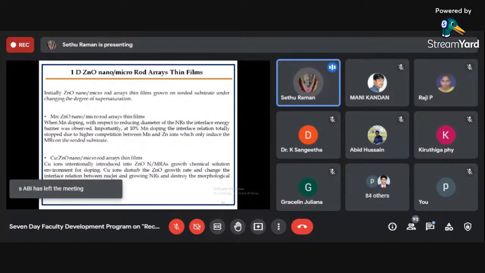In ZnO, the nano-microrod arrays are initially grown on the seeded substrate under changing degrees of supersaturation. We analyzed the degree of supersaturation as low, intermediate, and high, where high is divided into a barrier and a destroy regime. If the degree of supersaturation is low, we observe beautiful nanorod structure.